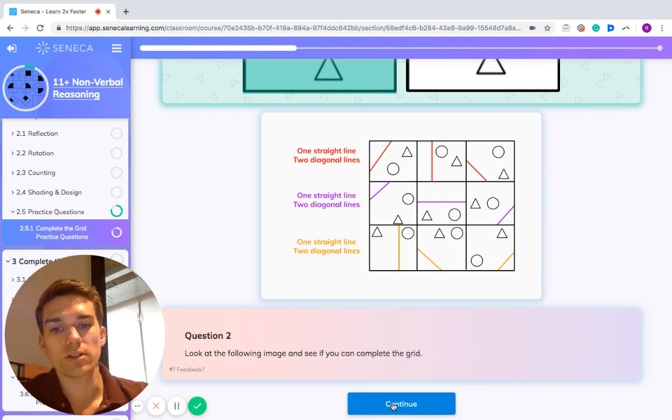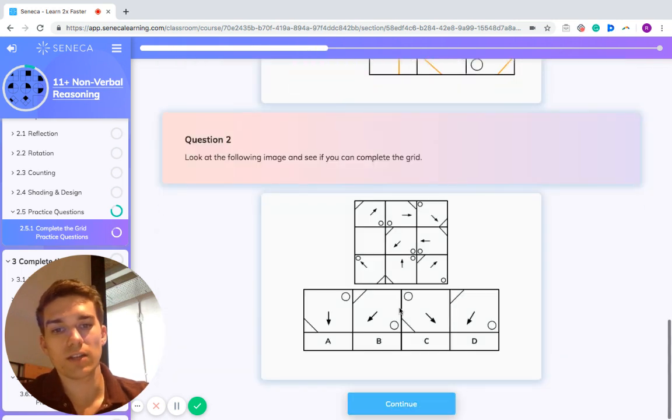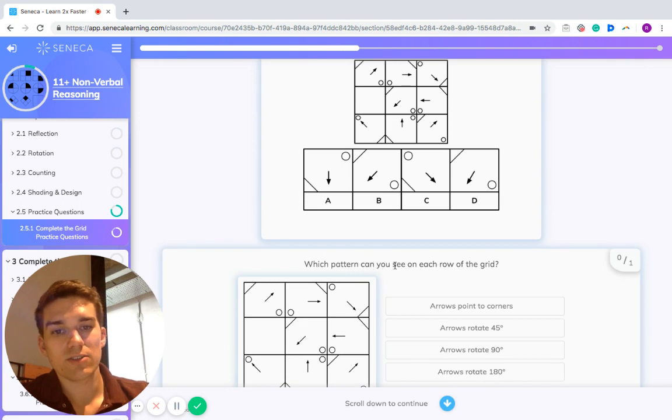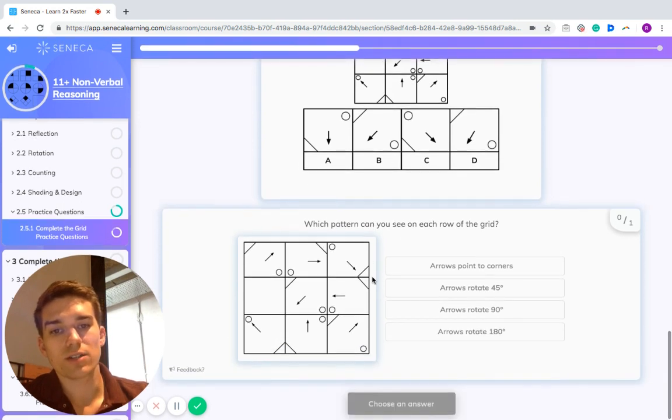So question 2, look at the following image and see if you can complete the grid. So we have a question there, and which pattern can you see on each row of the grid? So it's good to look at the rows when you're doing these questions. So we're looking at the arrow here.